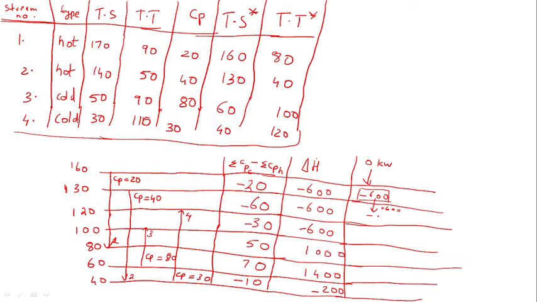and this plus 600 will be added to this next stream enthalpy, that is minus 600. So 600 minus 600 we are obtaining as 1200, plus 1200 will be evolved from the above stream to the next stream, which is also minus 600.